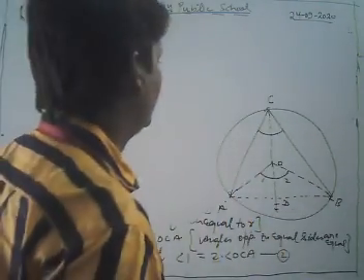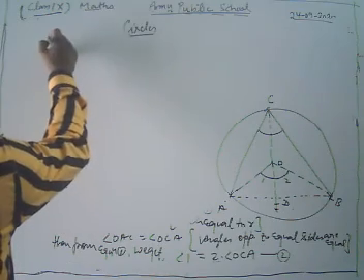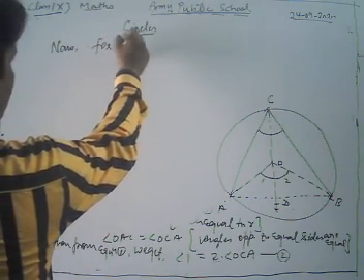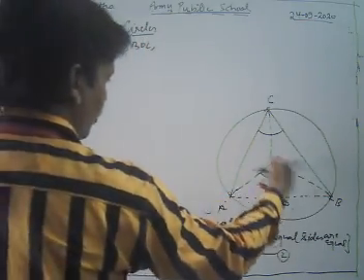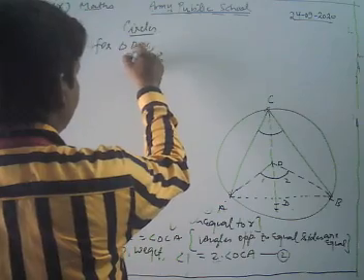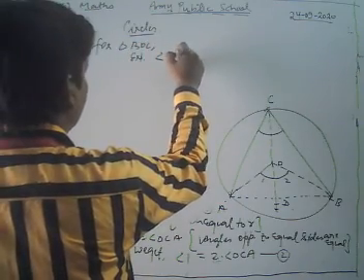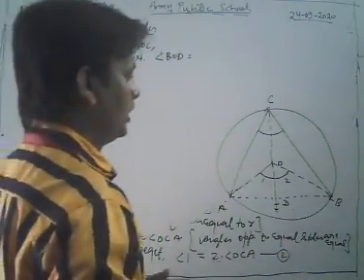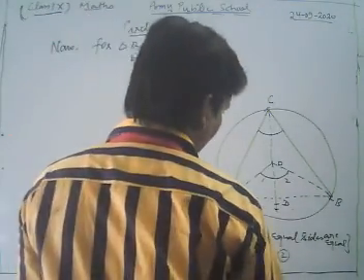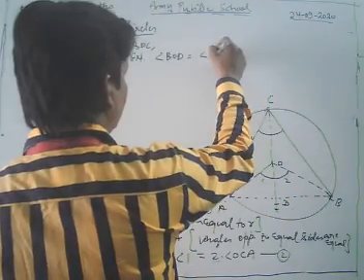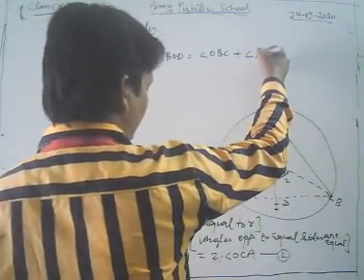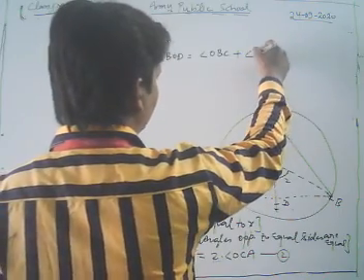Now, for triangle BOC, exterior angle BOD is equal to what? Exterior angle BOD is equal to angle OBC plus angle BCO.